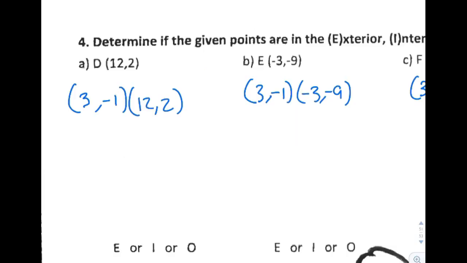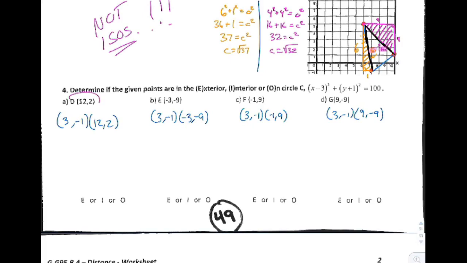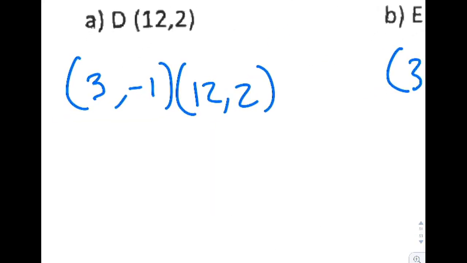And in number 4, it wants us to see if the point that they give us in each example, A, B, C, and D, if that were the extra point on this circle, would that point be in, on, or outside the circle? So what I did was I wrote the center, which is 3, -1, at the beginning of each problem. So now I want to compare that to the point they give me in each problem.